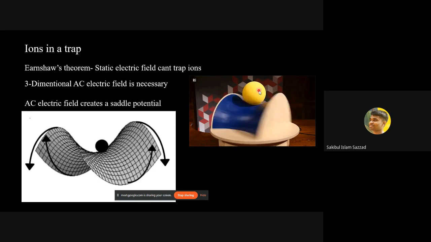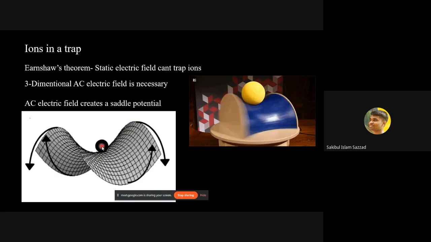So that's the reason we don't use a static electric field, because it cannot trap an ion. This is proven by Earnshaw. But a three-dimensional electric field creates a saddle potential, that means a dip in the energy landscape, and on that particular energy landscape the ion can stay, because you can see this is the higher, this is the lower.